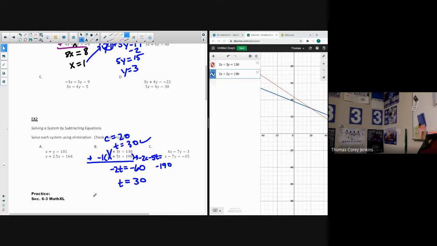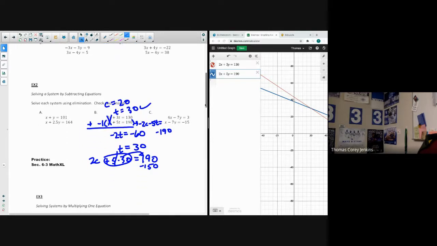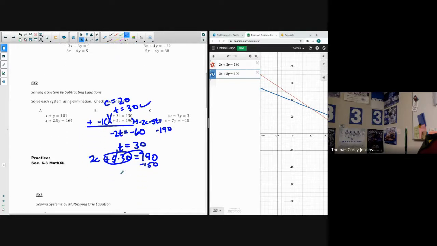So that would be 2 times C plus 5 times 30 instead of T equals 190. So this would be 150. So when I do minus 150 from both sides, I get 2C plus 0 is 2C.